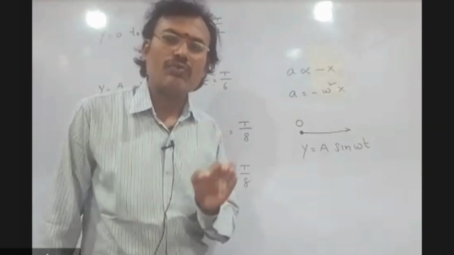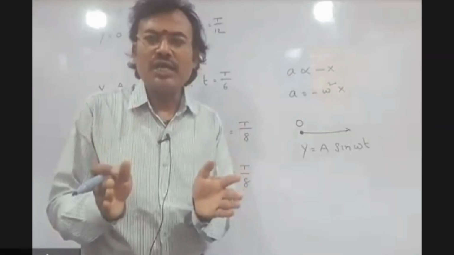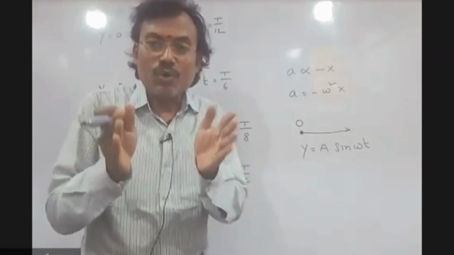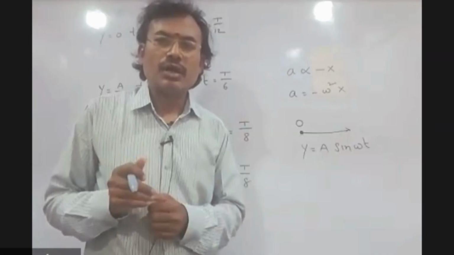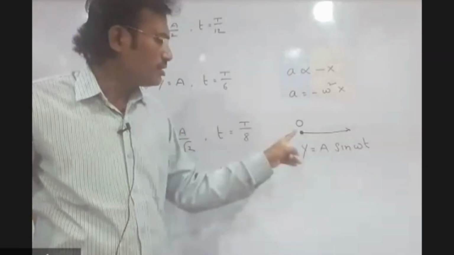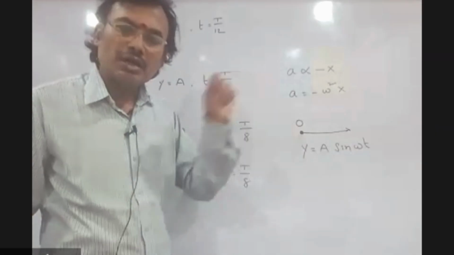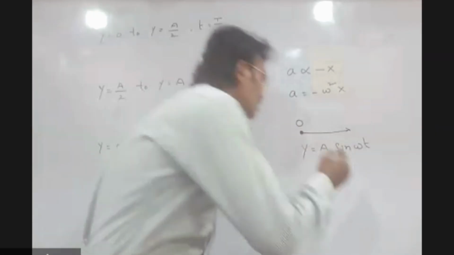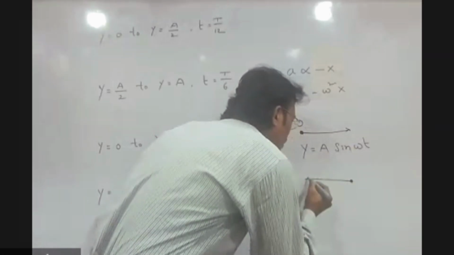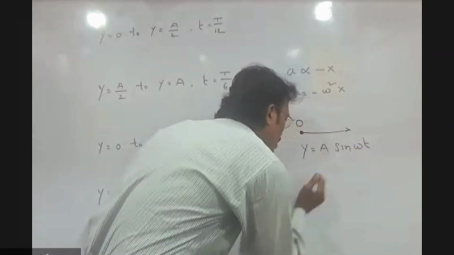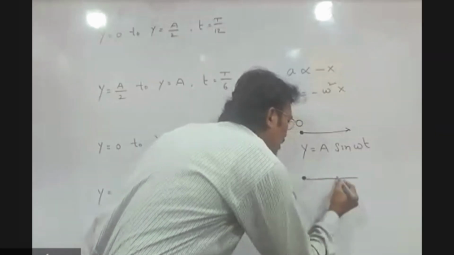Okay, now the particle initially starts its motion from the extreme position. Previously, the initial point was the mean position. Now the particle itself is traveling from the extreme position. This is the extreme position. From here the particle is traveling.